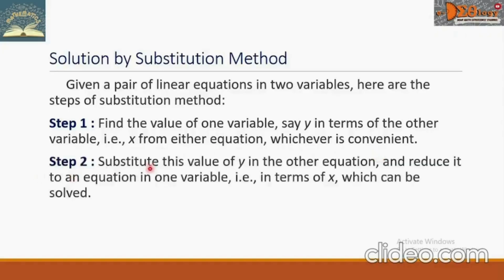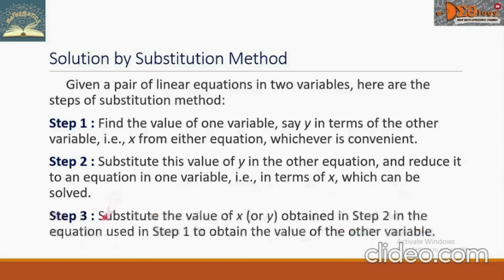Step 2. Substitute this value of y in the other equation and reduce it to an equation in one variable, that is in terms of x, which can be solved. Step 3. Substitute the value of x or y obtained in step 2 in the equation used in step 1 to obtain the value of the other variable.